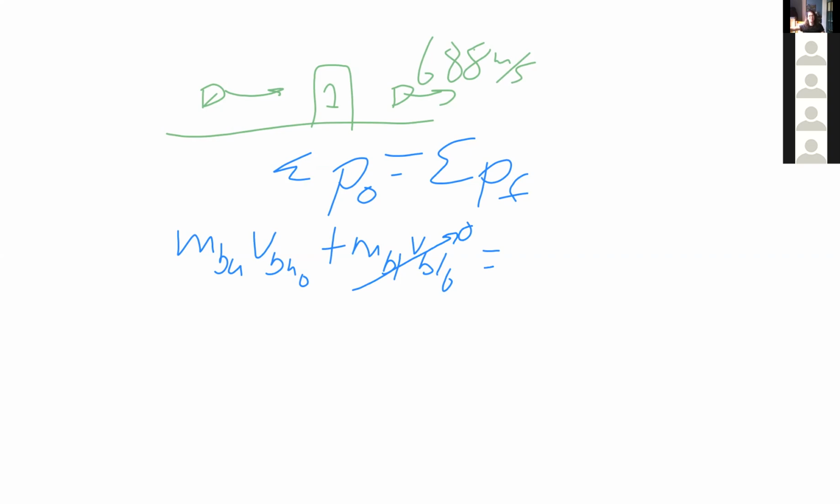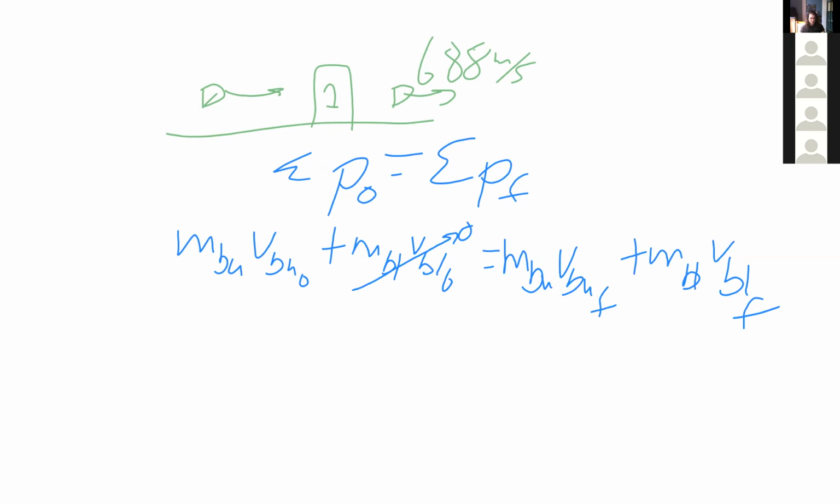Since the bullet does not become embedded, both the bullet and the block will have a final momentum. So we have the mass of the bullet times the velocity of the bullet final, plus the mass of the block times the velocity of the block final. The block will gain some speed, so its final momentum is not going to be 0. It will have some momentum.